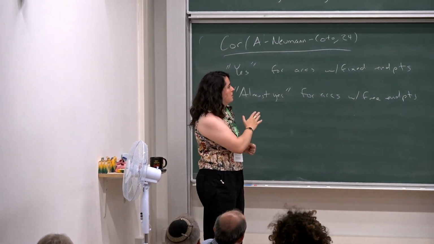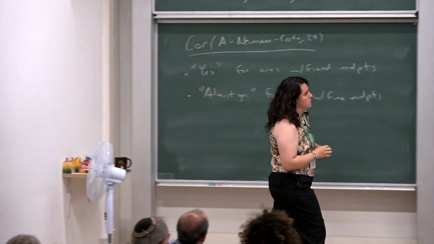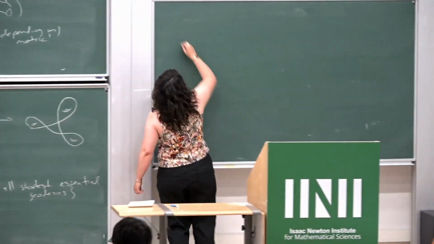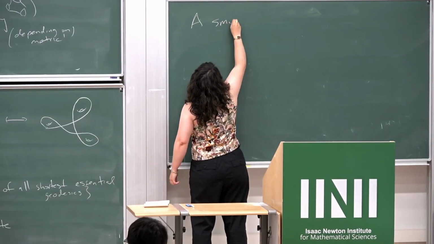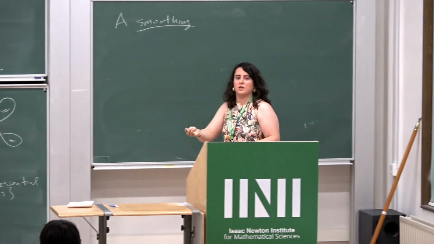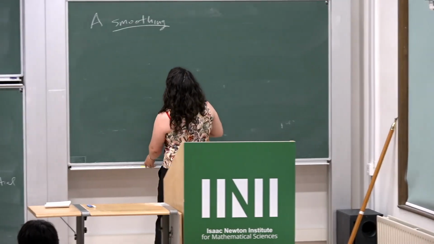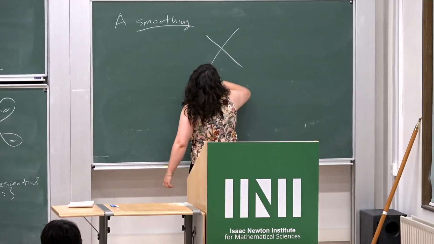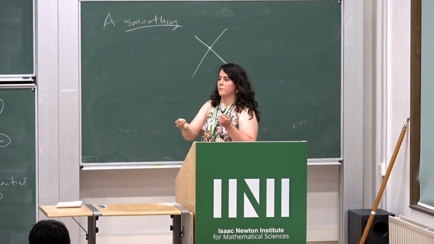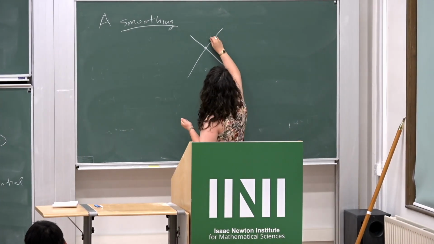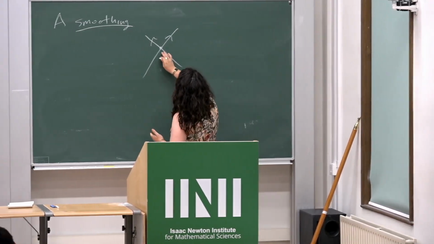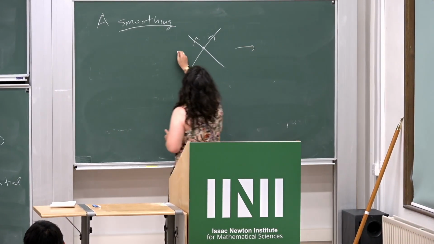All right, so let's get to the topology. A smoothing is a surgery that you can perform on a curve. So you have a curve with self-intersections. The curve comes with an induced orientation that you can read about around the intersection point. And the smoothing is one of the following two things.